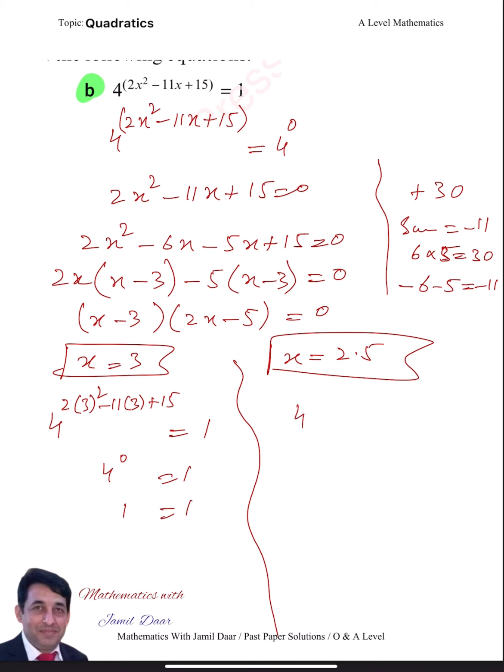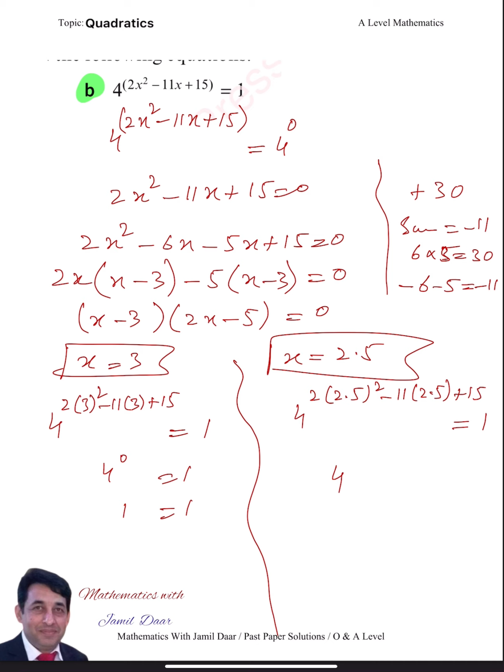So next is 2 into 2.5 square minus 11 into 2.5 and plus 15 is equal to 1. Again, you'll check if it comes 0 in the numerator. So that means, let me check it by using calculator. I'm using the calculator.